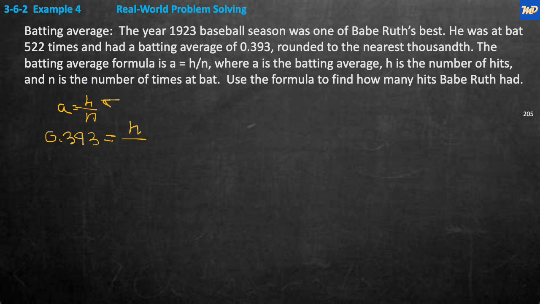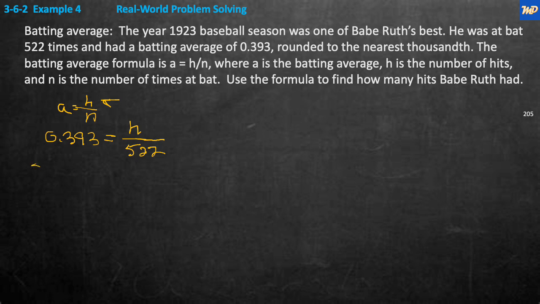And the number at bat was 522. 522 at bats. So just like the other equations, we need to get the H by itself so we can find the hits. We need to take the divisor 522 and multiply the numerator by the same number, so we can multiply both sides by 522.